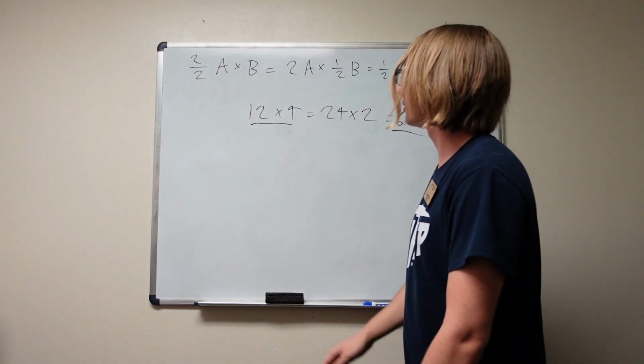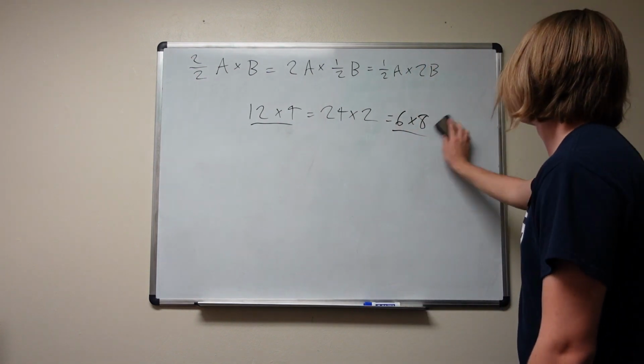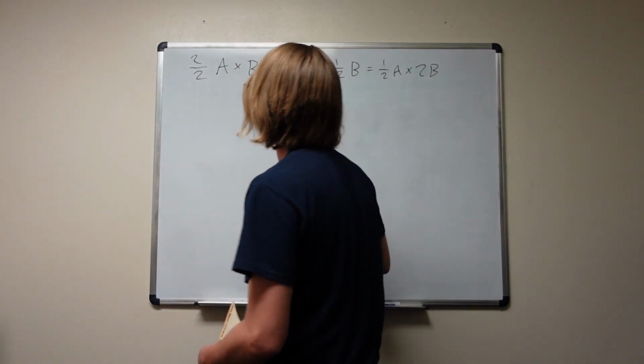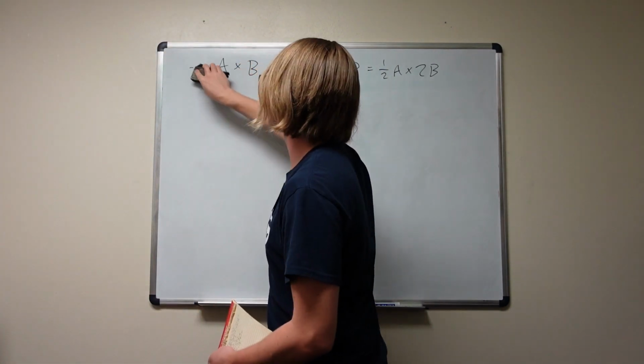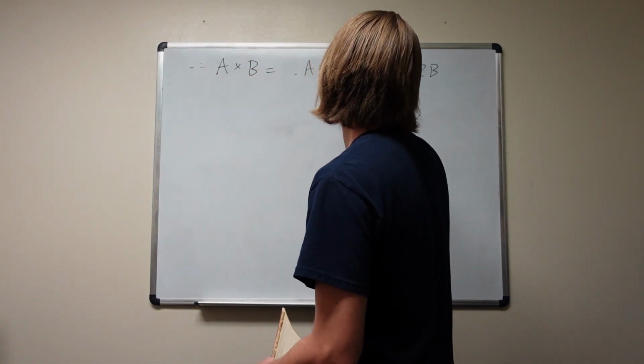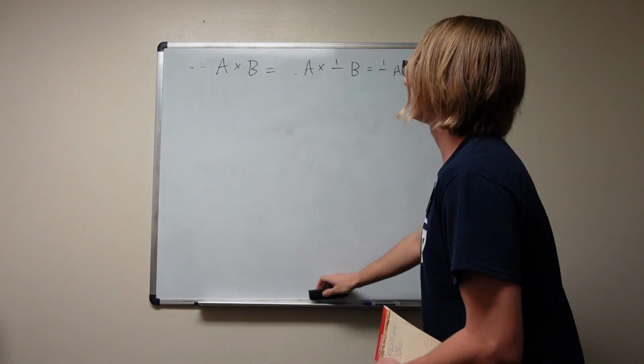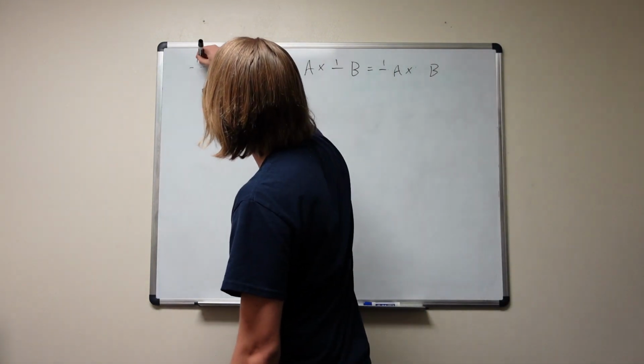It's more like this. It would be more like a constant divided by a constant, so it would be k divided by k.